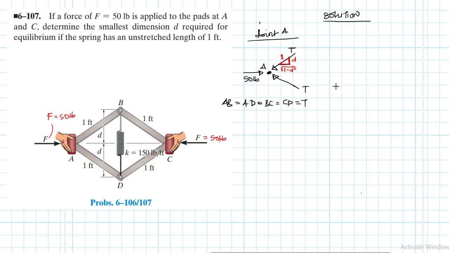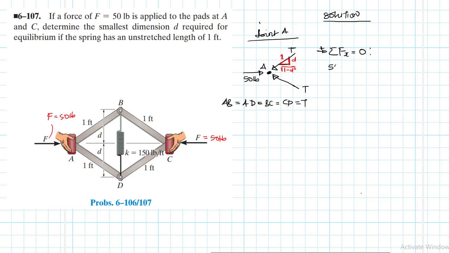So we can apply the equations of equilibrium in the x direction so that we find the value of T. So we'll say summation of forces in the x direction equal to 0, this direction being our reference positive.